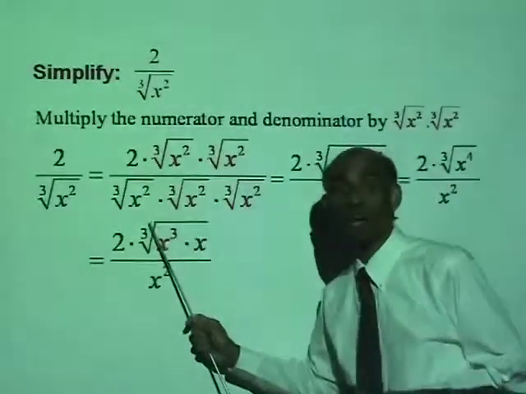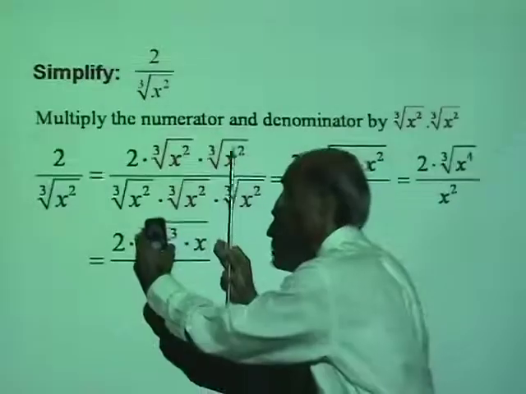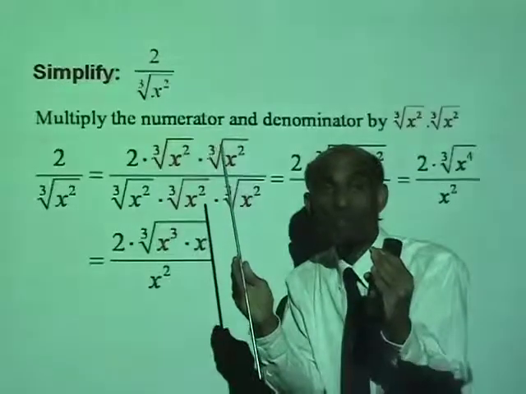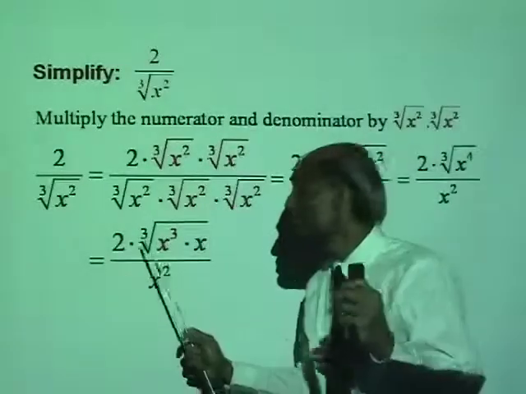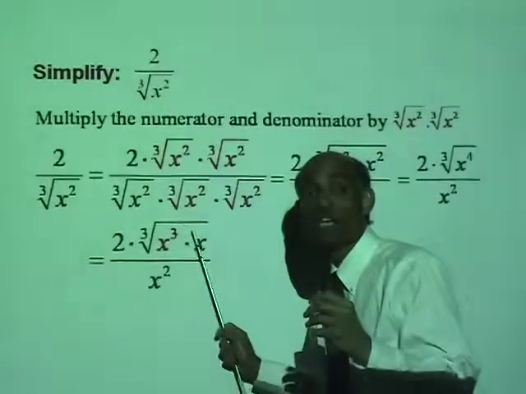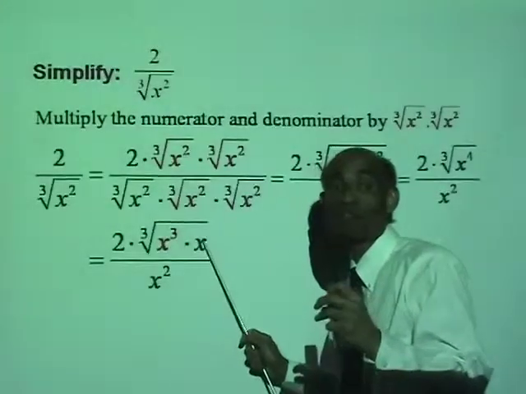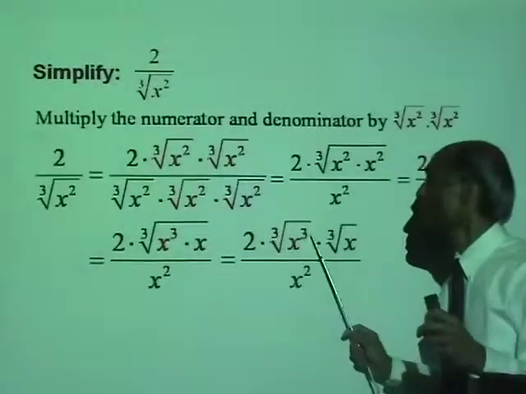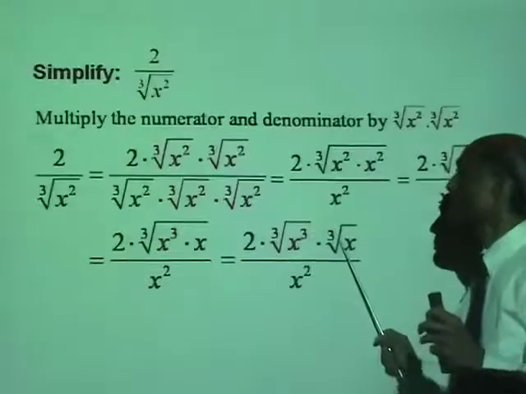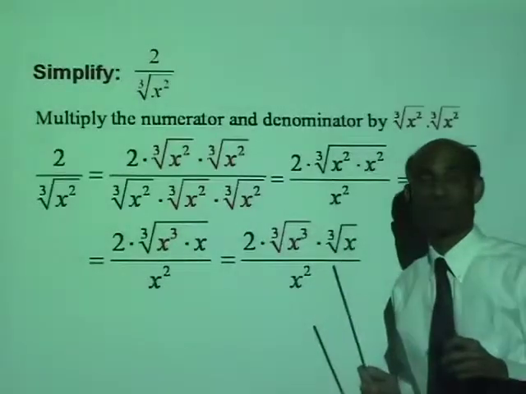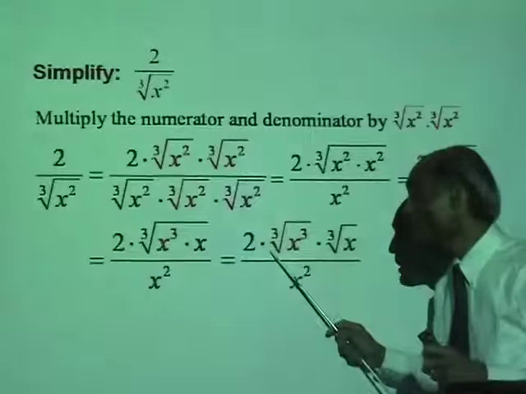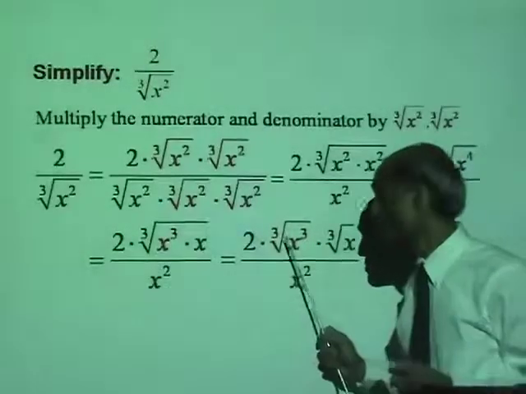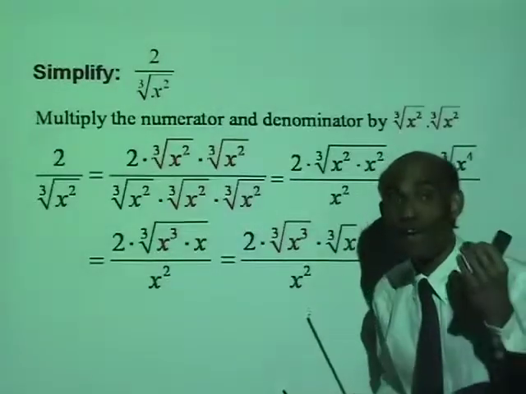So in our next term, we will separate this radical term into 2 separate radicals using the product rule. Cube root of AB is cube root A times cube root B. So that will be 2 times cube root of x cubed times cube root of x all over x squared. Alright, tell me, what is cube root of x cubed? Cube root of x cubed is x.